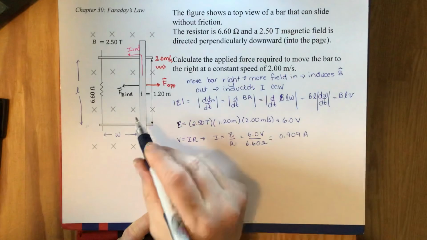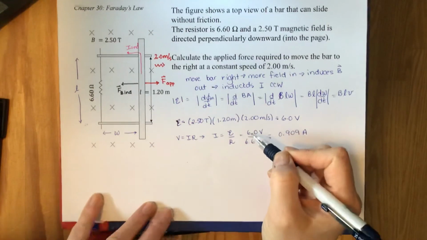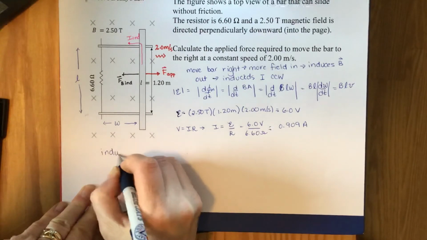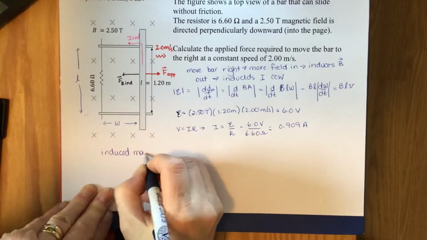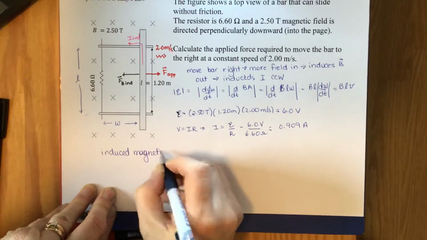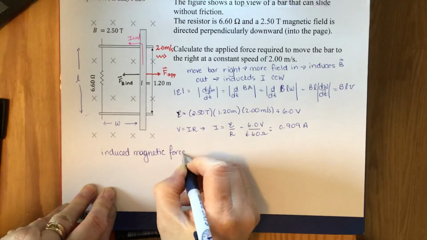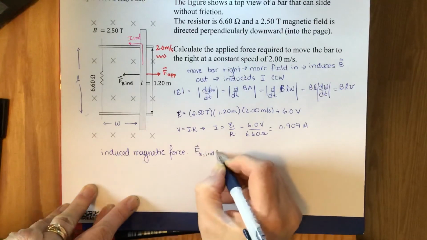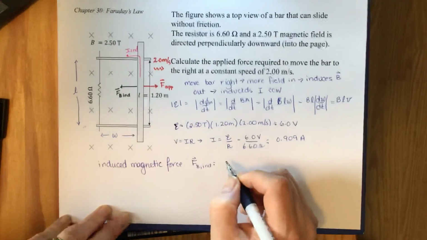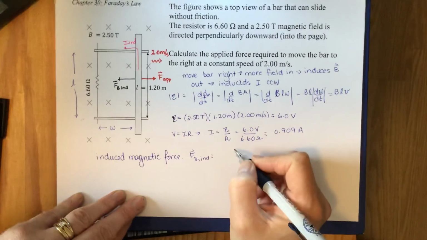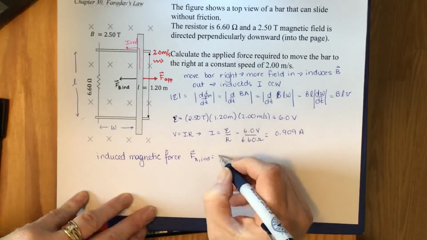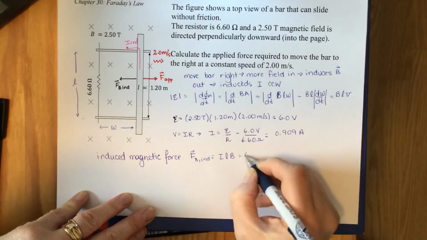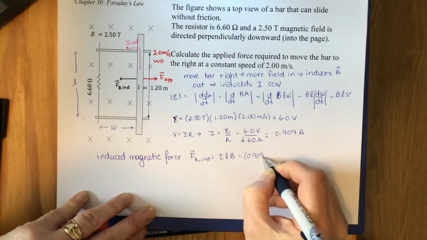From our induced current and knowing our field, we can find our induced magnetic force. F_B induced is I L cross B. Everything's perpendicular, so the size of that is going to be I times L times B. Our current is 0.909 amps.